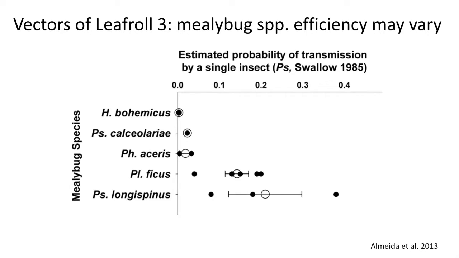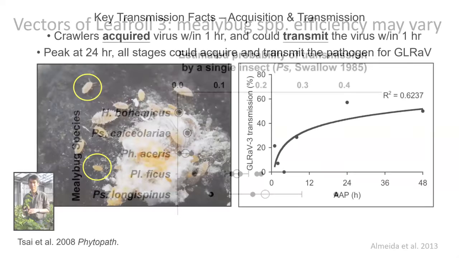A lot of this, though, drops out when you think about the mealybug biology in the field, because the vine mealybug has so many more generations per year. So yeah, there's a difference in a lab when you're moving mealybugs with a brush onto a vine, but that drops away when you look at biological differences in the field.